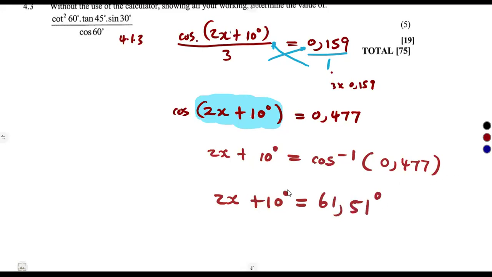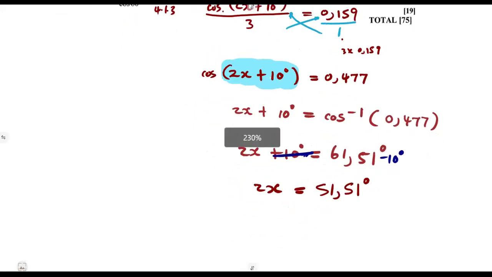We want to solve for x. What about the plus 10? Remove it. So you can subtract the 10, also subtract the 10 this side. So this will cancel. So meaning to say 2x is equal to what? We are subtracting. So it is going to give us 51.51 degrees.